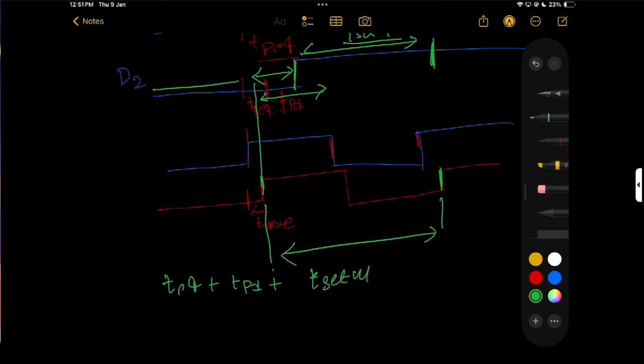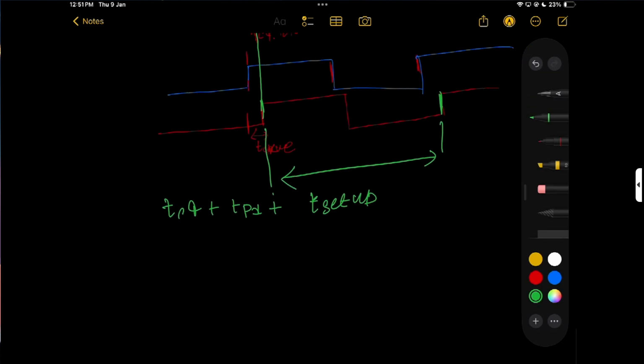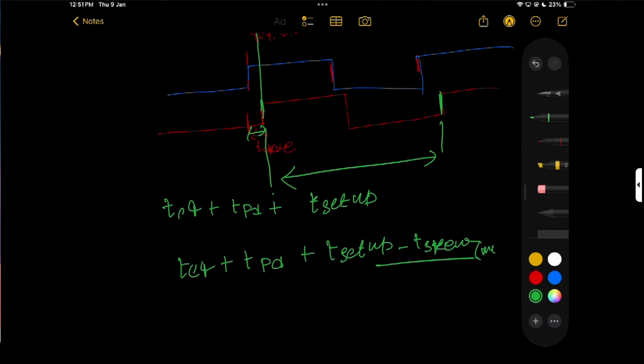But now it's changed: TCQ plus TPD plus T setup, and T skew. T skew is minus, basically, and it should be minimum, not maximum.